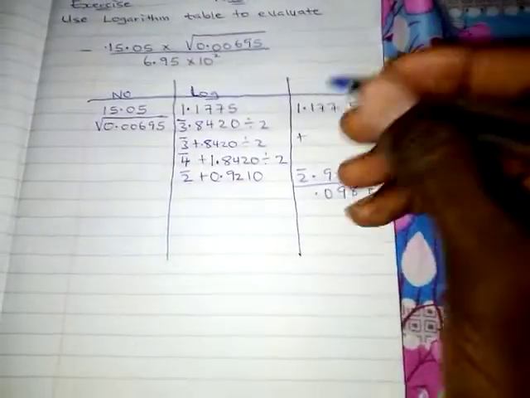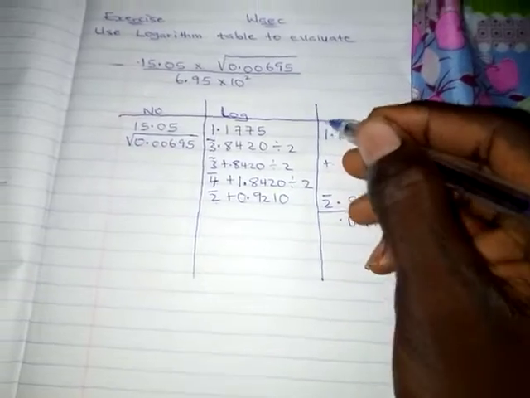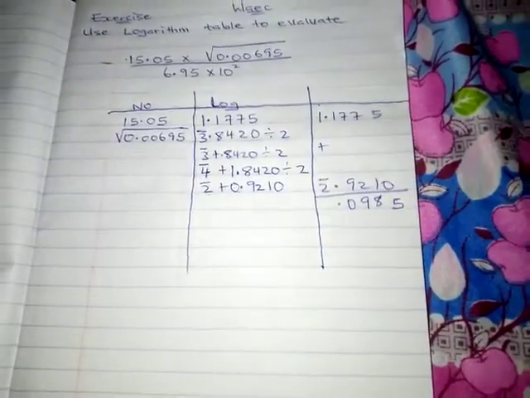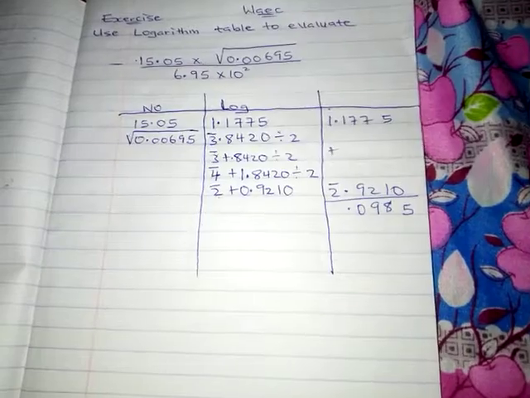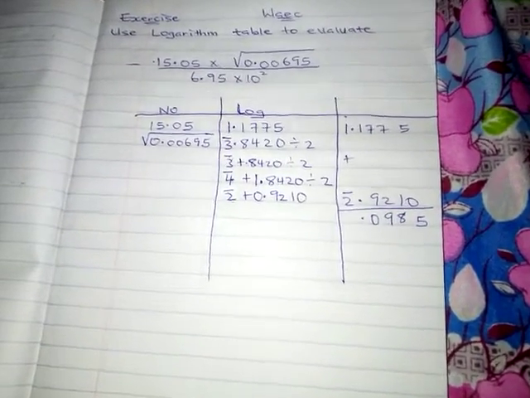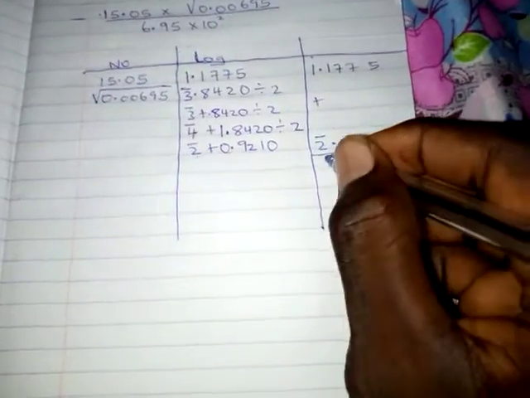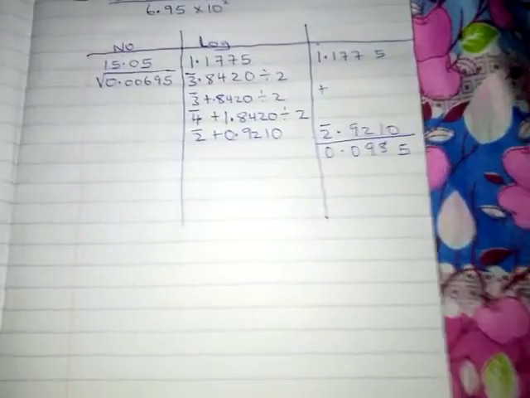That one you carried, you add it to this one to make it 2. 2 plus minus 2. Minus times plus gives us minus. So it becomes 2 minus 2. And that gives us 0. 2 minus 2 is 0.